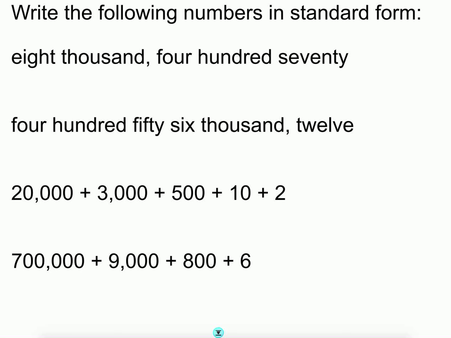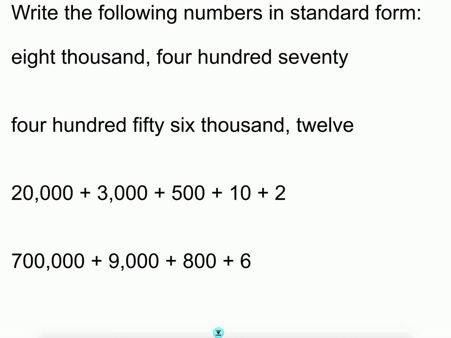So the other thing that children had confusion with is just writing numbers in standard form. So when I look at these numbers, how do I put them in standard form? All right. So most important is reading it, like I said, and also using place value to help you.